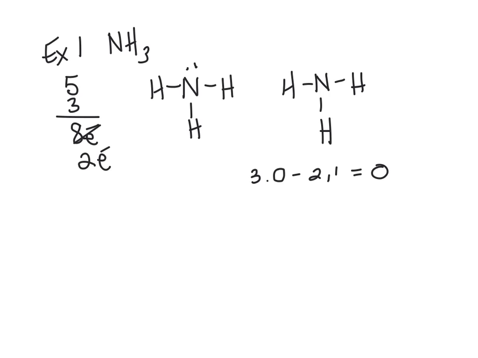So the difference is 0.9. So we do have a dipole. Hydrogen has the weakest pull, so our dipoles are going to be towards nitrogen.